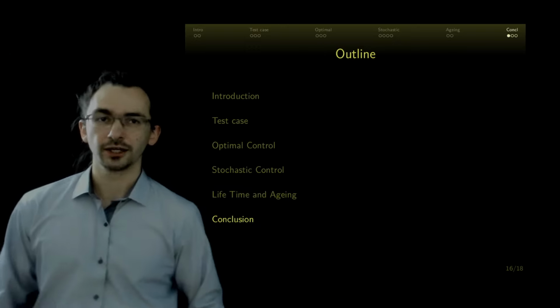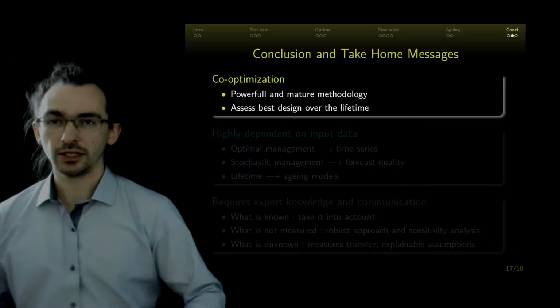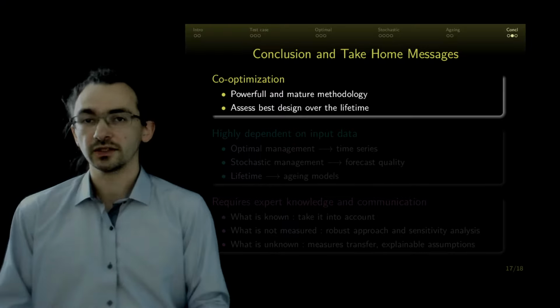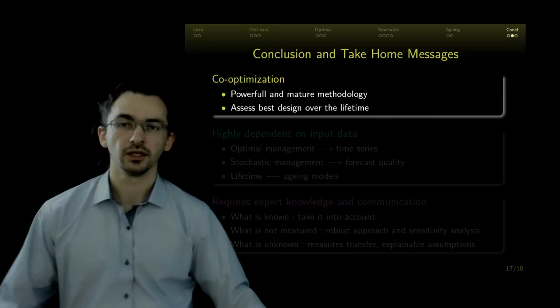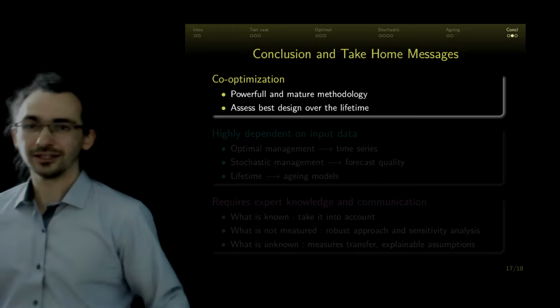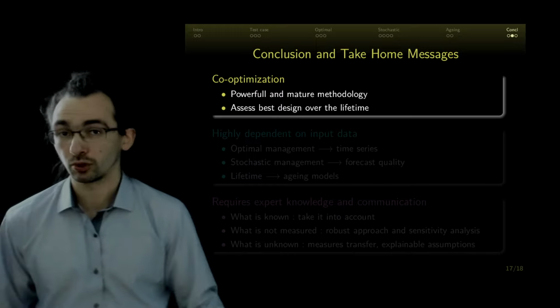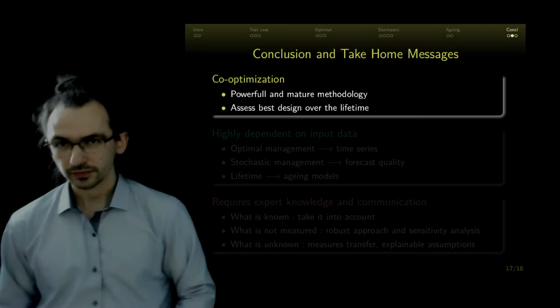So I will now come to my conclusion. The co-optimization is a really powerful methodology because it gives us the keys to assess what is the best design over the entire lifetime. And not only is it a very appealing and powerful methodology, but it's also becoming more and more mature from just the computational point of view.